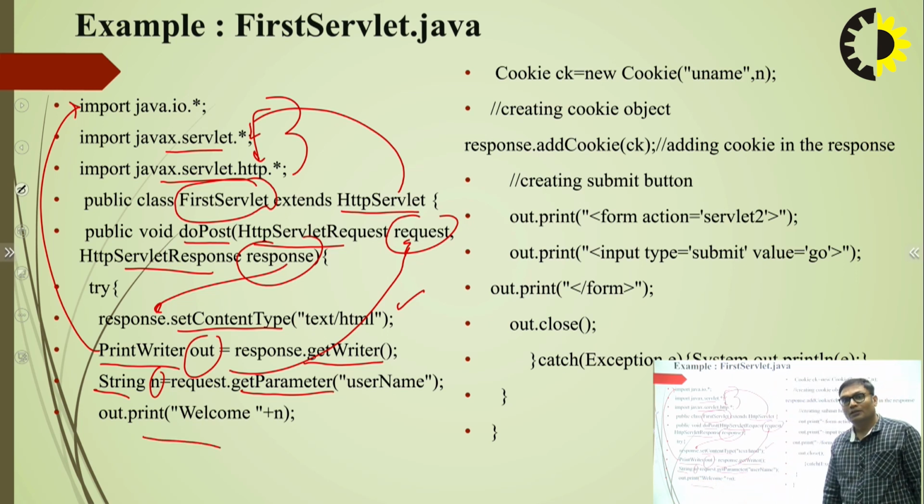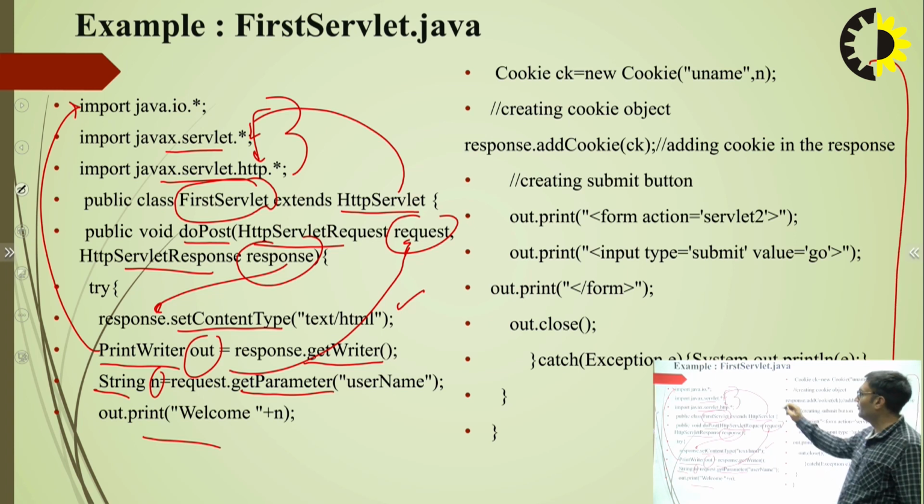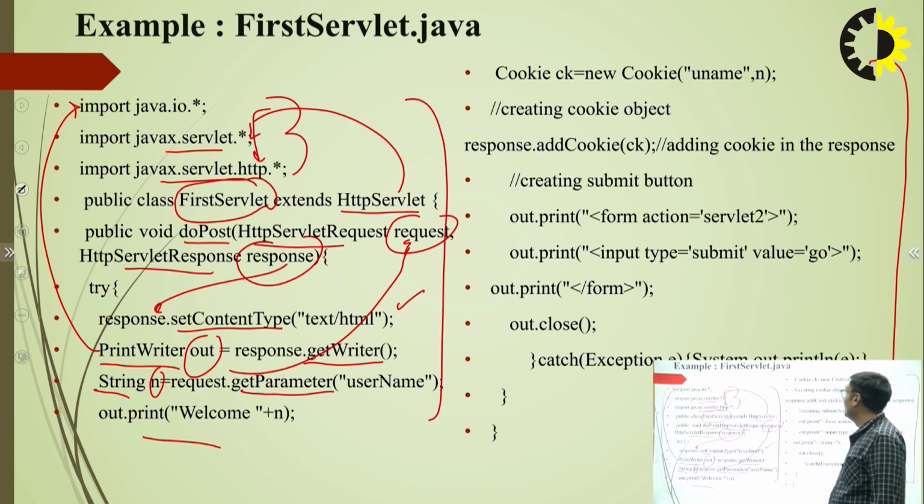Now the main part starts from here. This one is the portion of the servlet. To create the cookie, we need a Cookie class object, with the new keyword and the cookie constructor, and there are two values, name and value. The name is uname and the value is n.